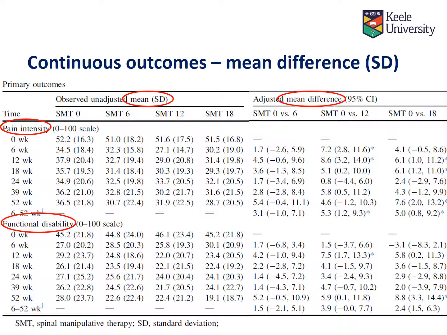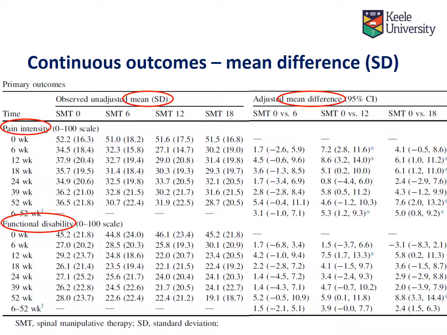And you will find this sort of mean and standard deviation very commonly reported in studies. So this is one example of a study where they report primary outcomes. You can see on the top row observed and adjusted mean, standard deviation, and the columns. The first column to the left is the time.